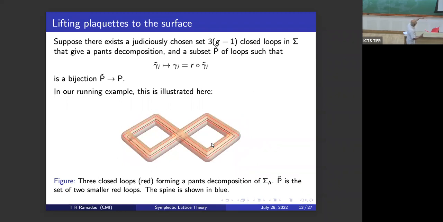Two of them, when I retract to the spine, give the two plaquettes that we had seen before. But there's a third one, because this is genus 2. I need 3 loops to get a pants decomposition. So in this case, what I wanted you to suppose is possible, and I have illustrated that.